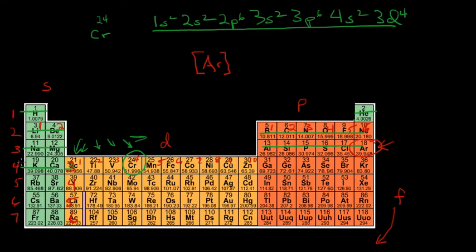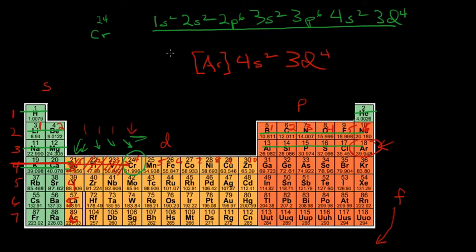Now we have to write out up to chromium. So it fills this area, which is the 4s2, and then it fills this next area here up to chromium. It's going to fill this part right here I'm talking about, and that's going to be the 3d, and again 1, 2, 3, and 4.